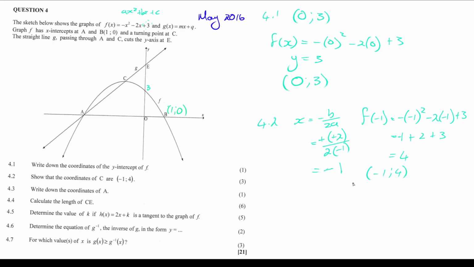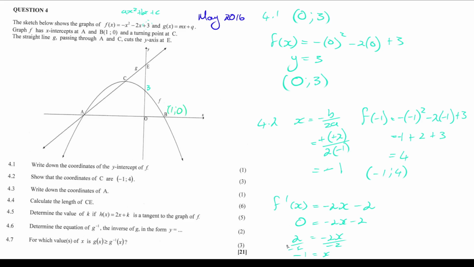And now for the matrics, if you wanted to flex a little bit, you could have said, I'm going to find the first derivative, which equals -2x minus 2, and I'm going to set it equal to 0. The 2 goes over, I have 2 equals -2x, divide by -2, divide by -2, x equals -1.